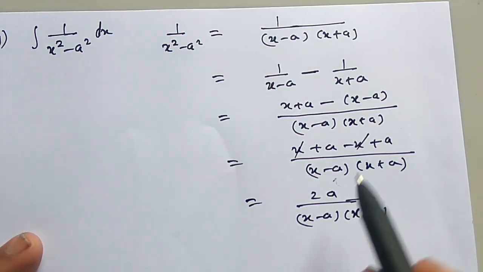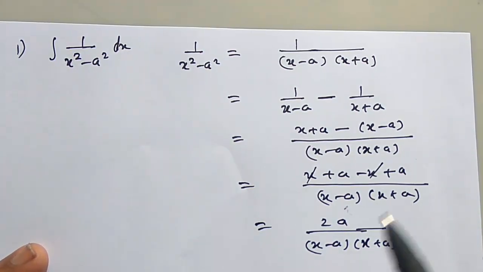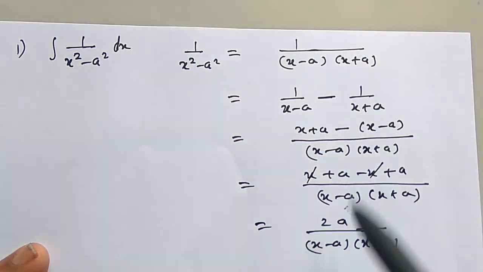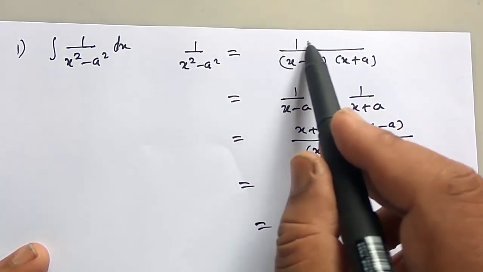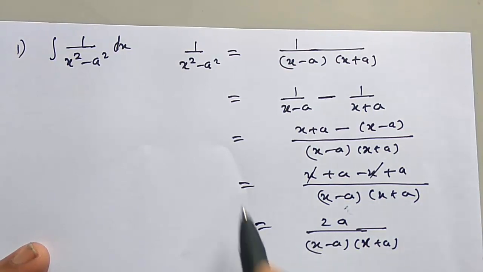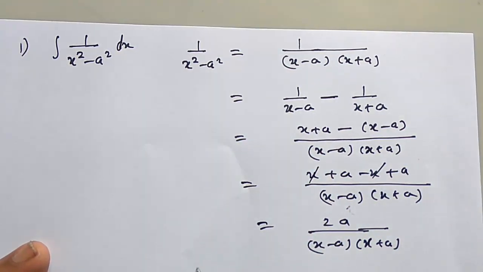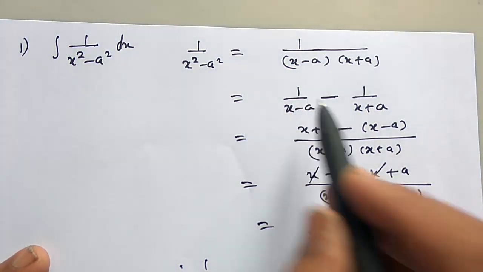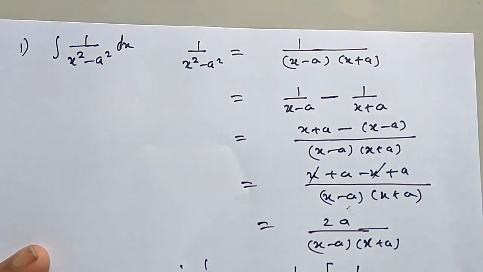Now here there is a twice a in the numerator. Therefore 1 upon x square minus a square is equal to 1 upon twice a bracket, the splitting of this is 1 upon x minus a minus 1 upon x plus a.